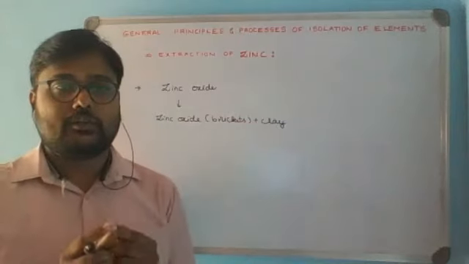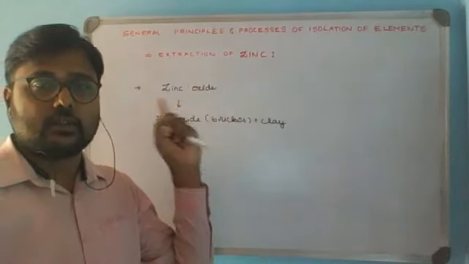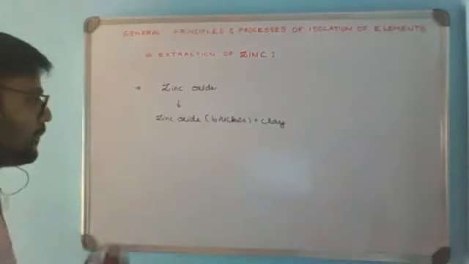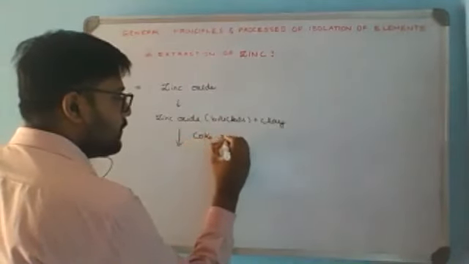So after the roasting of the ore, it is mixed with the clay, and coke is taken as a reducing agent.